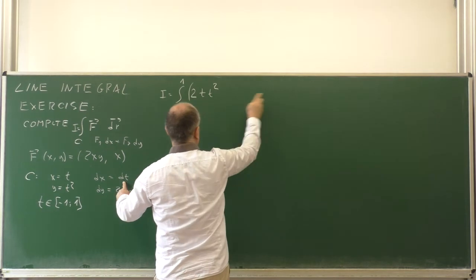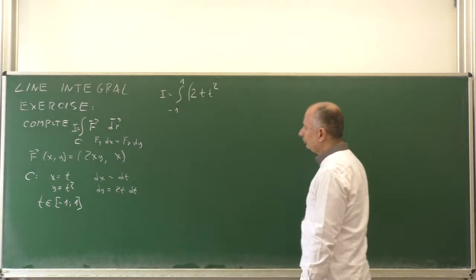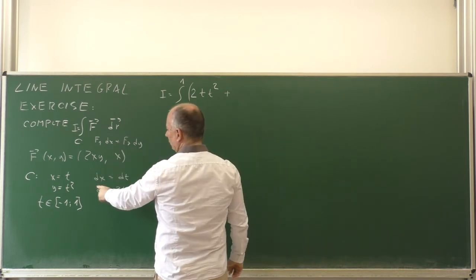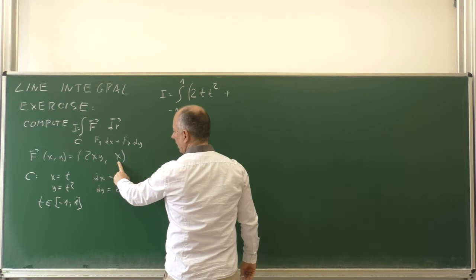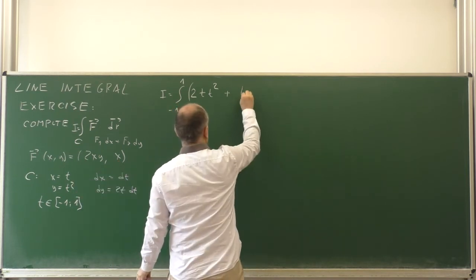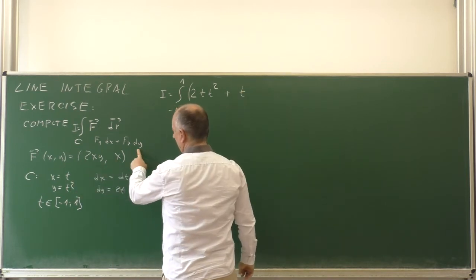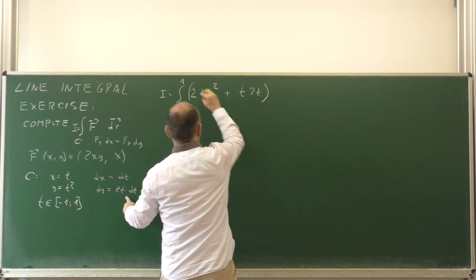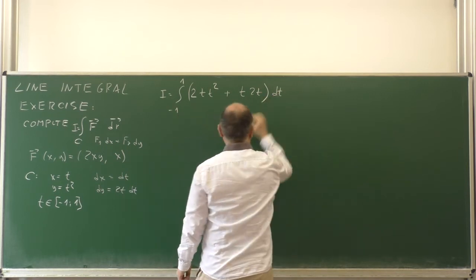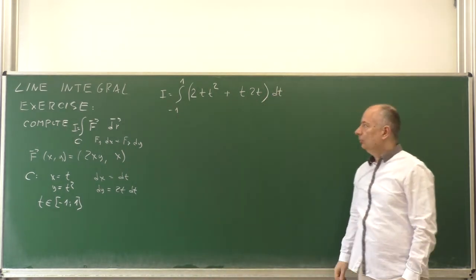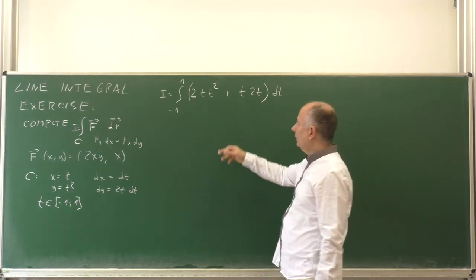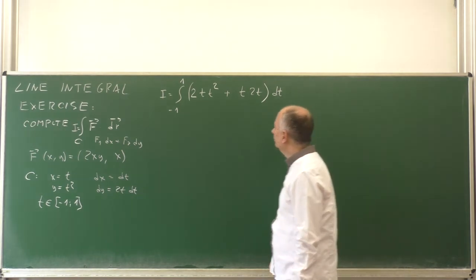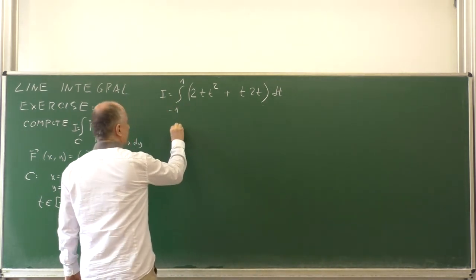We will write dt at the very end. Plus f2 is x, and x is t, times dy, and dy is 2t. And we are done. We have successfully converted the line integral into a definite integral of one function of one variable. Okay, we can compute this.